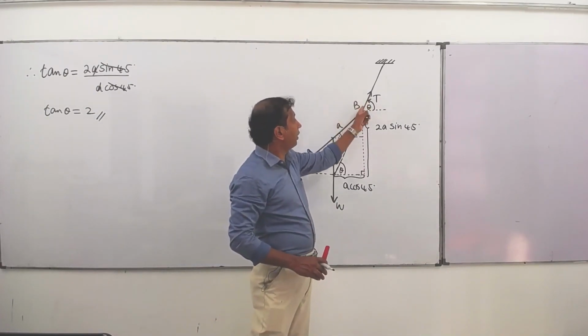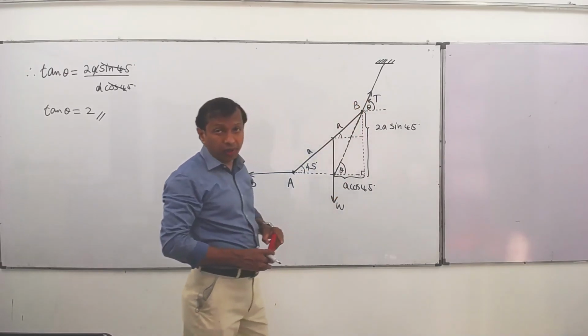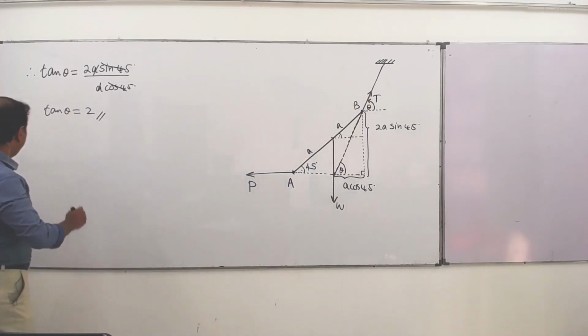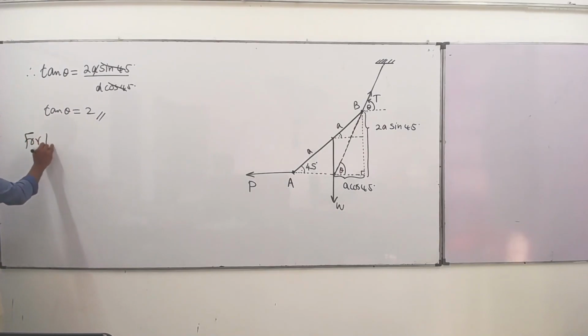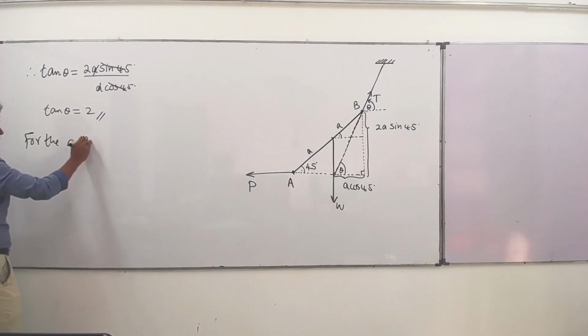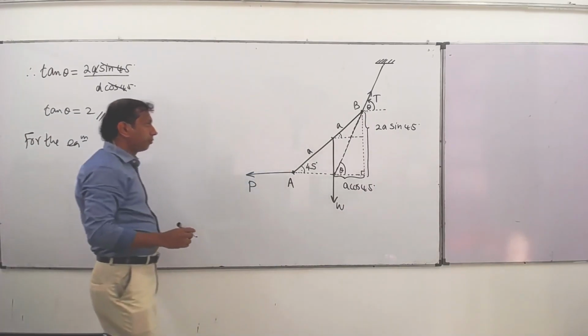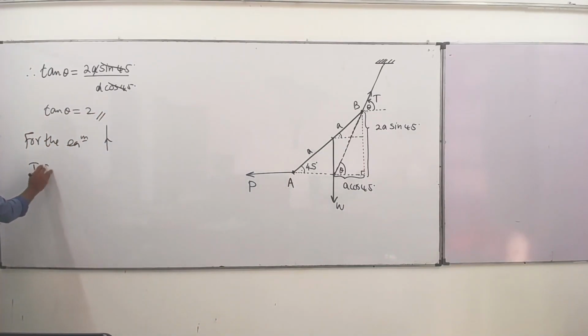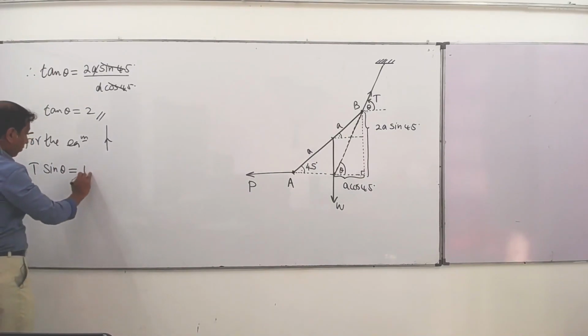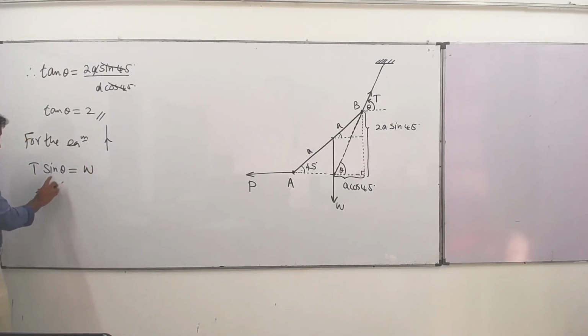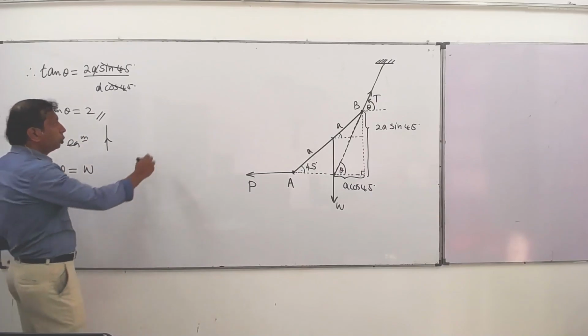Here T sine theta upwards should be equal to W. For the equilibrium resolving upwards, we can say T sine theta should be equal to W. Sine theta you can find because we know tan theta is 2.